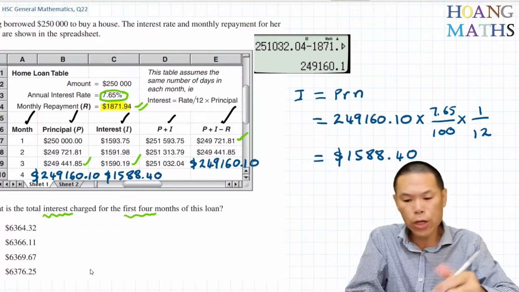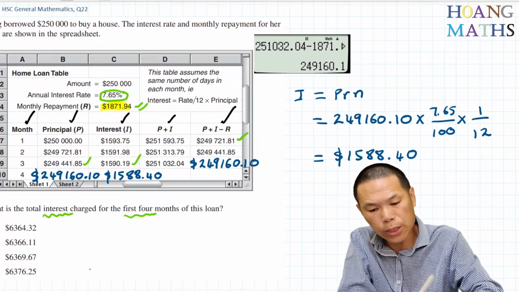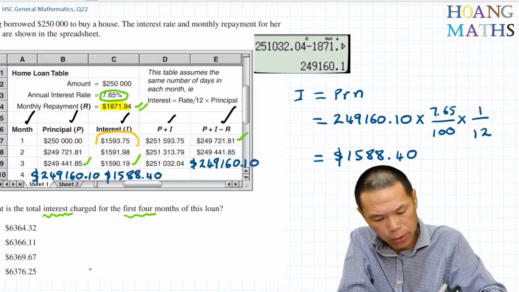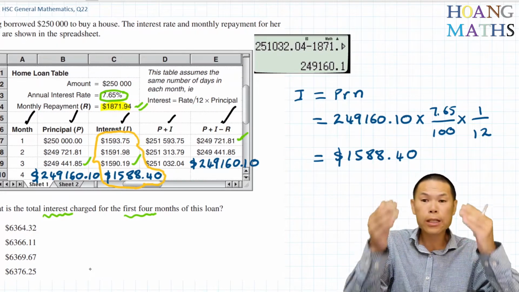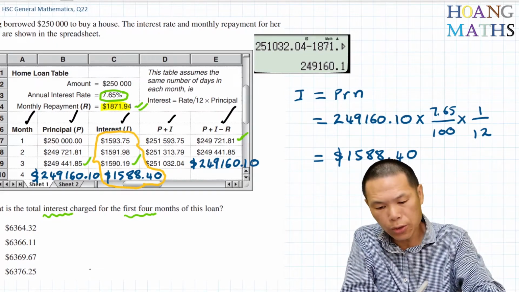Now to answer the question, what we need to do is we just add these numbers together, okay? Because these are the interest for the first 4 months. So let me just write this down.